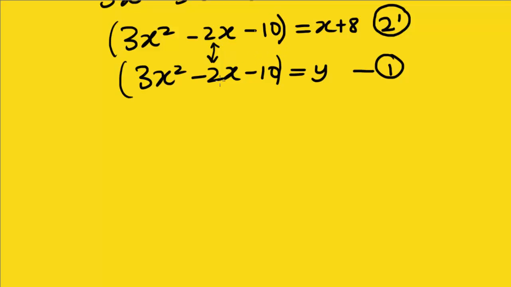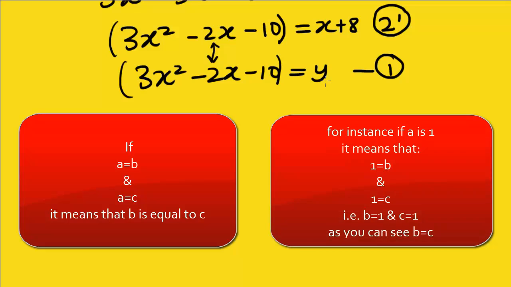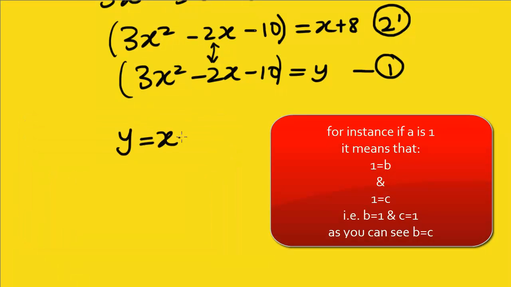Since this is equal to this, then this must also be equal to this, because they are the same. I mean, if something is equal to something and that same thing is equal to something else, then these two things must be equal. I'm pretty sure you get what I mean. So what I'm saying is, because the left hand sides are equal, the right hand side must be equal, and that means y is x plus 8.